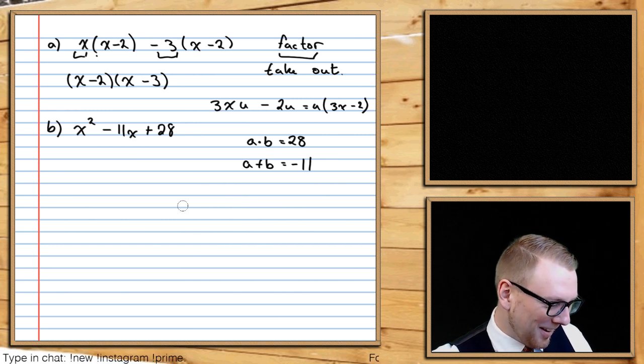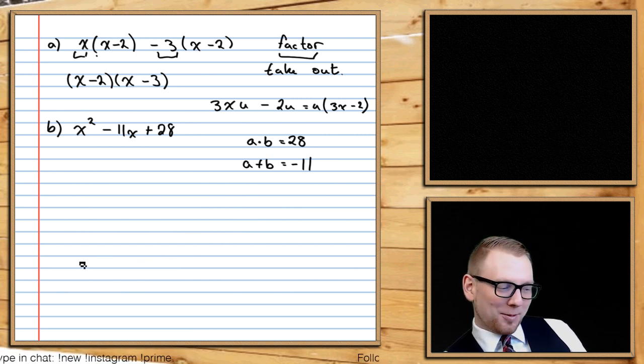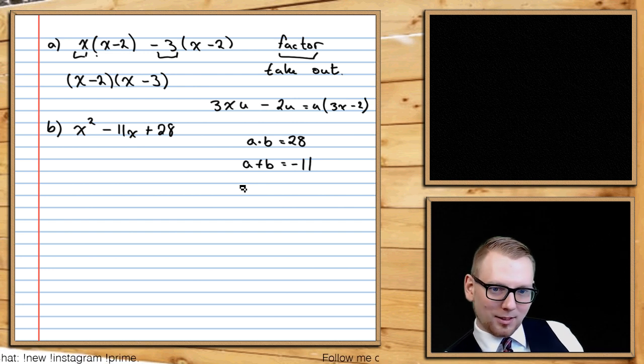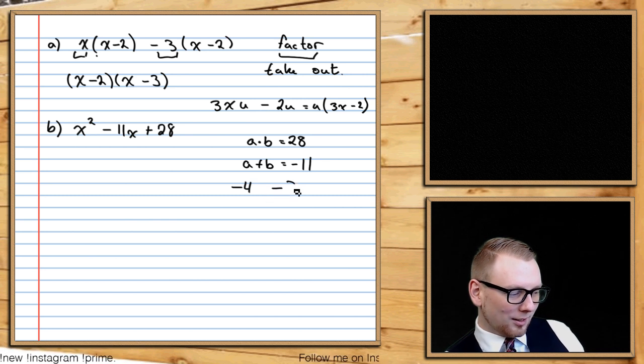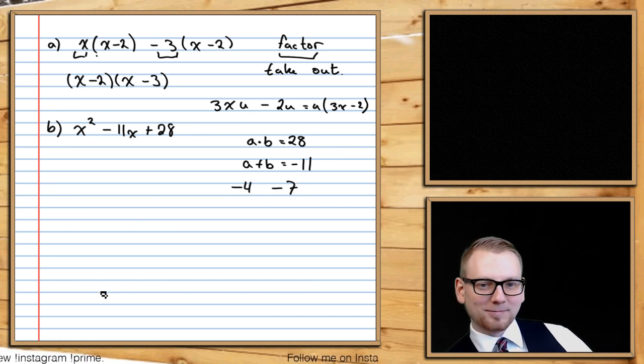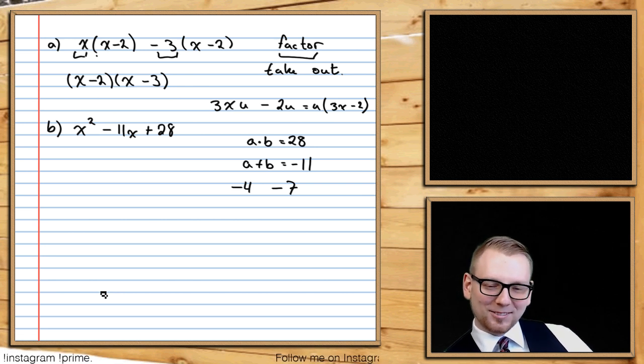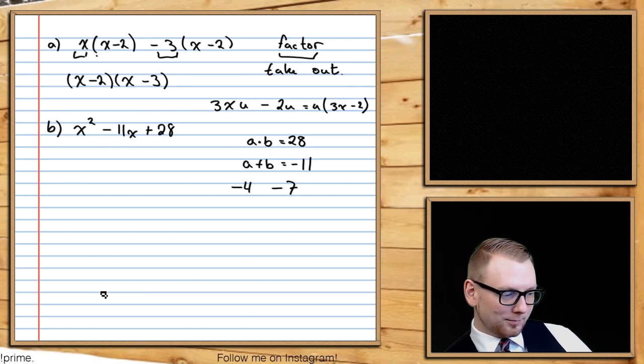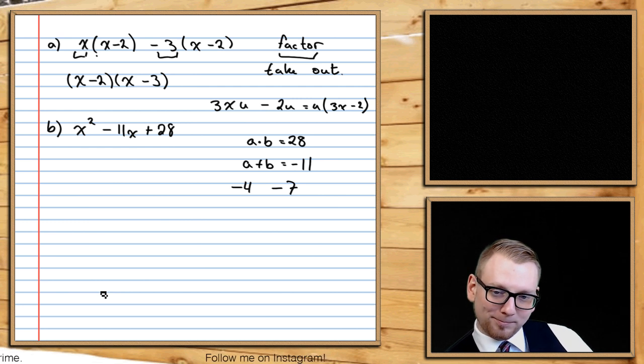Okay. You've got 4 and 7. Now, are they both positive? Is one of them negative, or are they both negative? Yeah, we have a -4 and a -7. Exactly. You got it. So what do you do now?